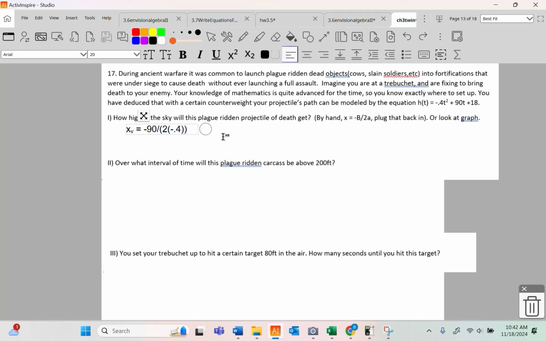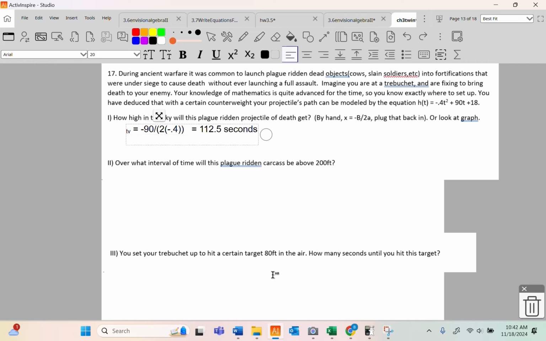Now this was x, this was time. I should say t coordinate of the vertex because it's t, right? Anyways, 112.5 seconds.